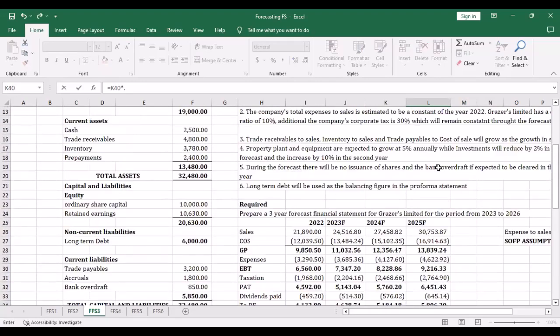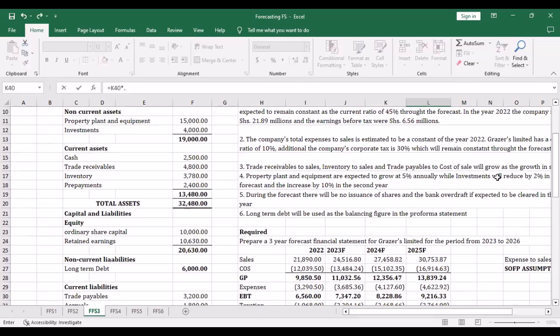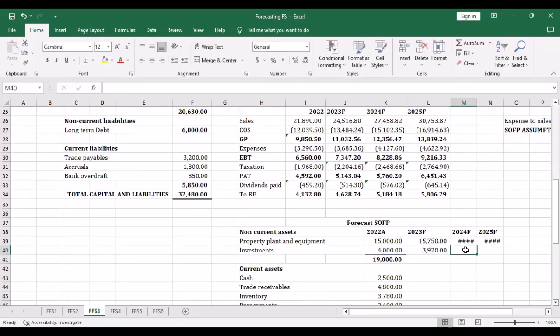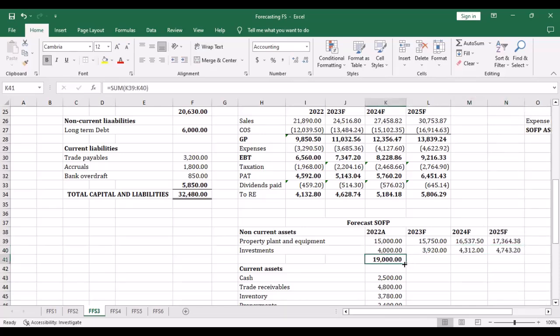You can see here they said investment will reduce by 2%, so 2% from 100 is 98, that is 0.98. Then it increases by 10%, so 1.1, and you multiply by the answer. Because we are never told of 2025 in the third year, we assume it also increased by 10%. Here is just the total. I just drag.